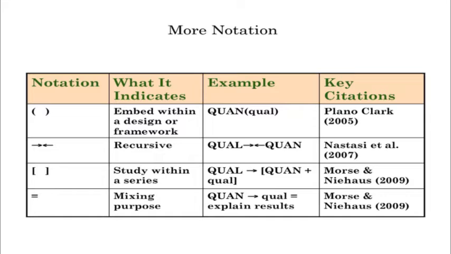So there are some other notation features. What we'll see in our diagrams typically are the use of arrows and possibly the use of uppercase or lowercase to emphasize priority or emphasis for the quantitative or qualitative features.